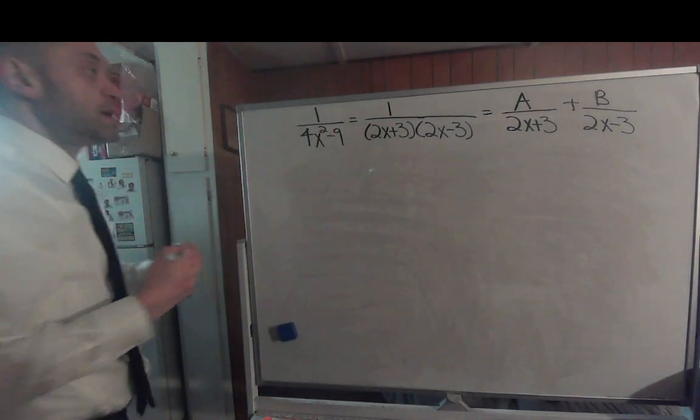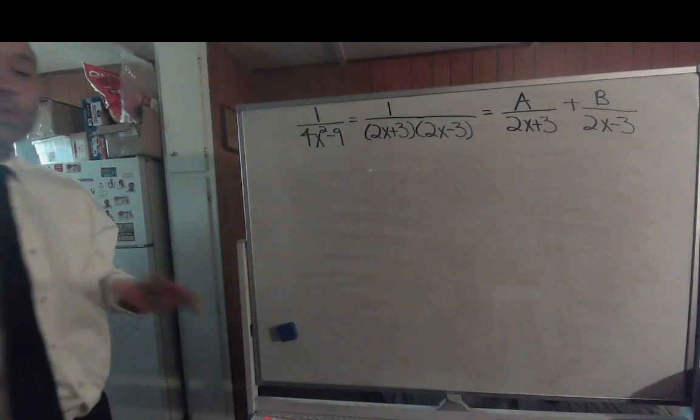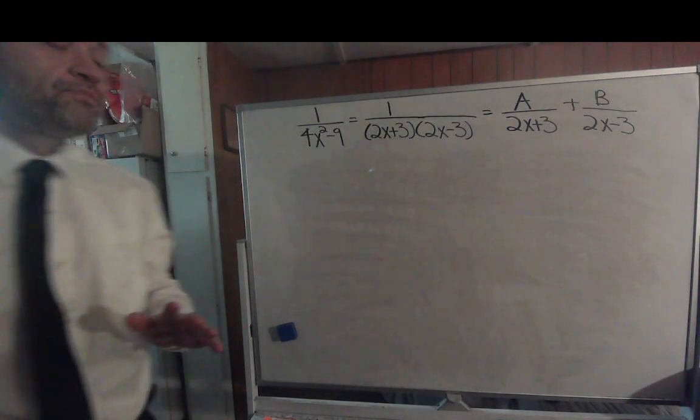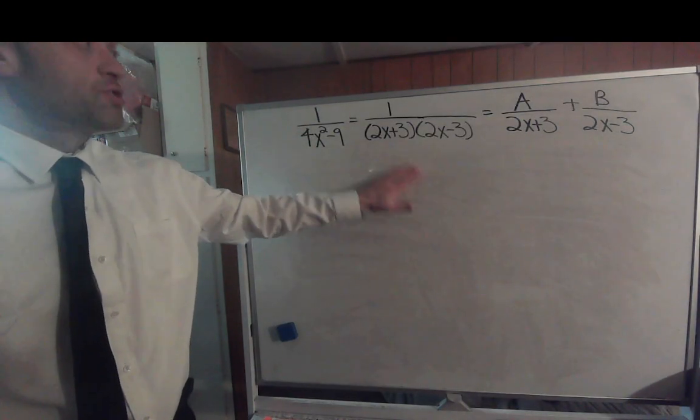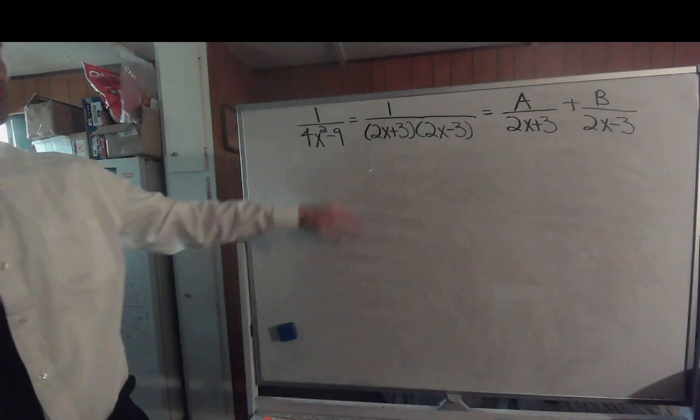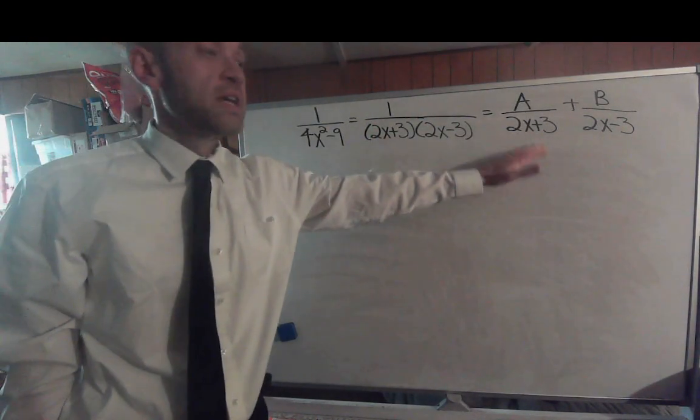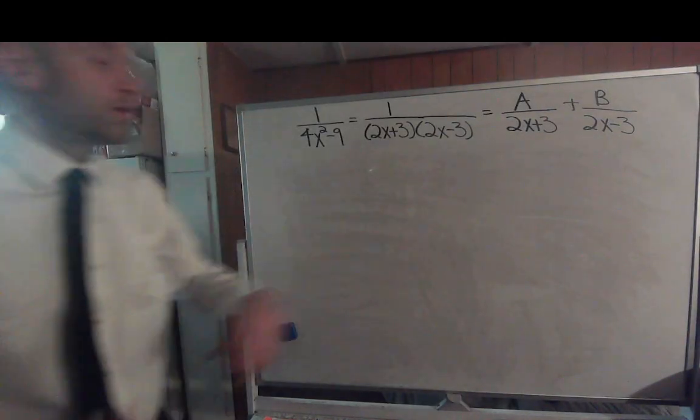Now, your common denominator is 2x plus 3 times 2x minus 3, so multiply both sides by that denominator.